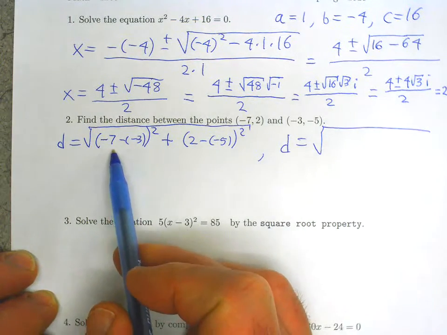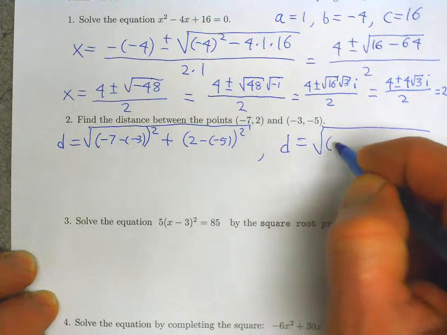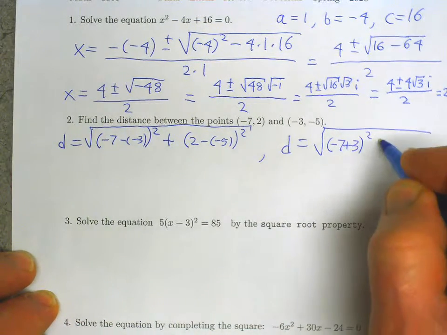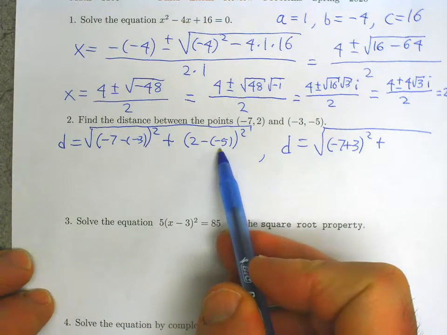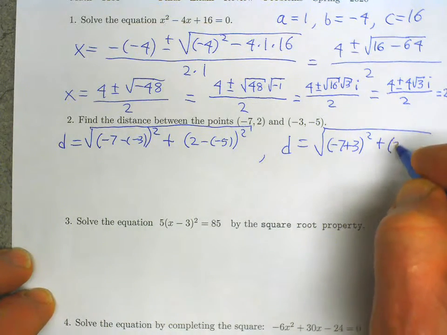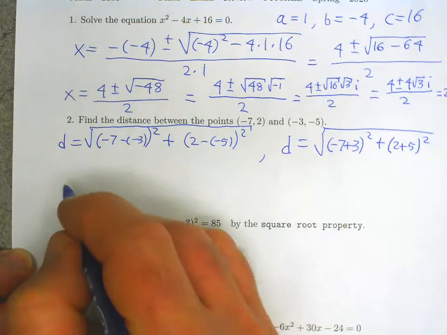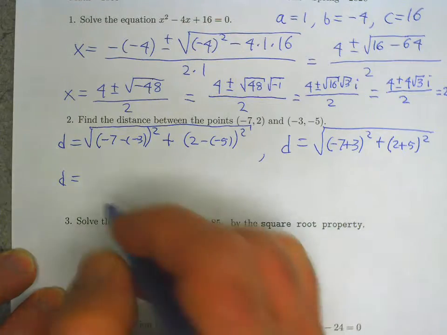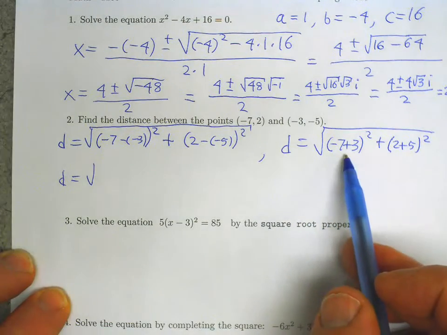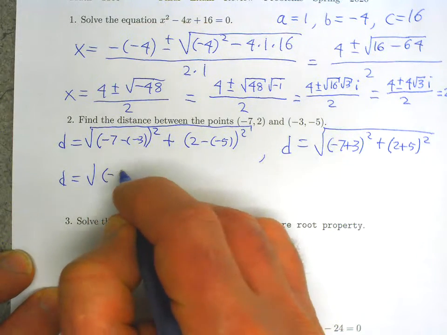So inside this set of parentheses, negative 7 minus negative 3, that's the same as negative 7 plus 3, quantity squared. And then inside the other set of parentheses, 2 minus negative 5, that's equivalent to 2 plus 5, quantity squared. And then a couple more steps. Negative 7 plus 3 is negative 4. So inside the square root, we have the number negative 4 squared.